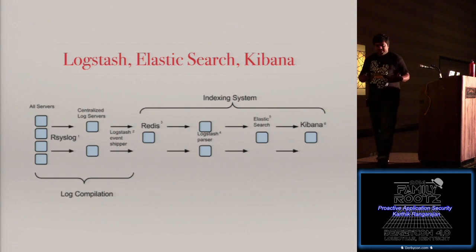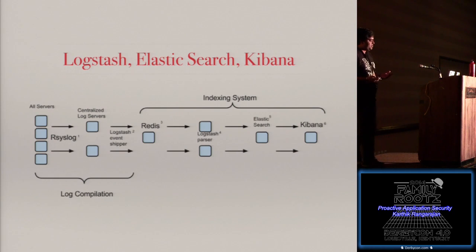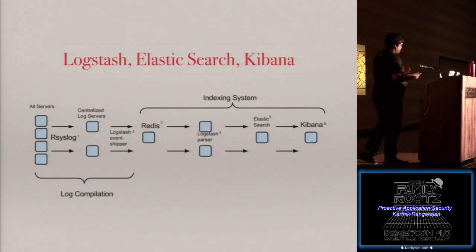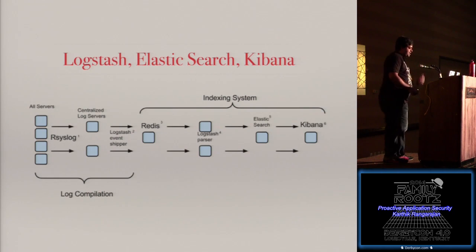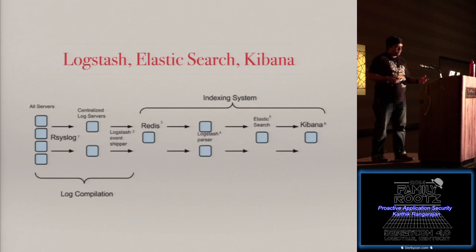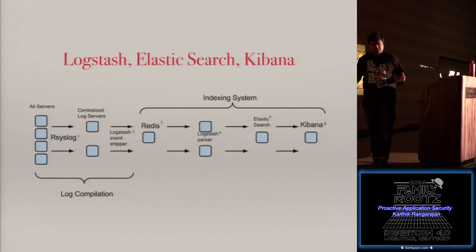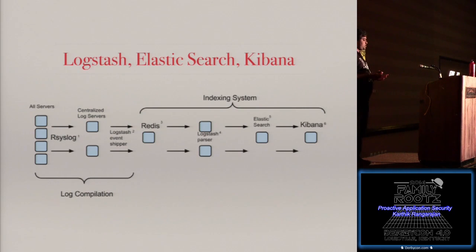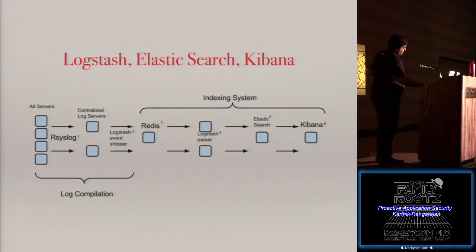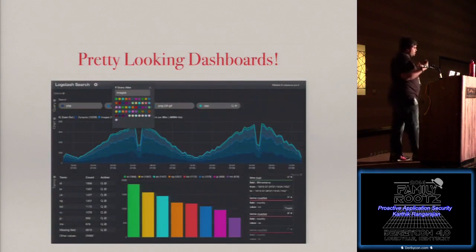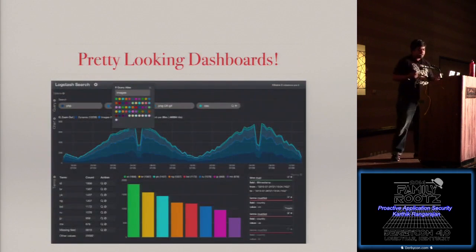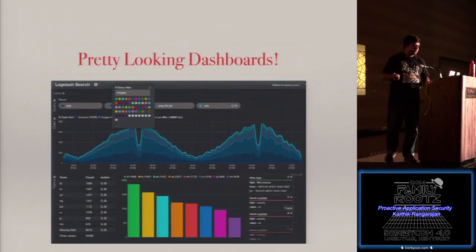So, I spoke about Gelf, the Graylog extended log format, which helps you take application logs and send them straight to Elasticsearch via Logstash, which is pretty awesome. It's indexed in Redis, and then Kibana, which is an awesome interface, helps you search Elasticsearch and gives you a nice looking dashboard that you can share with people. It presents in an easily consumable way.